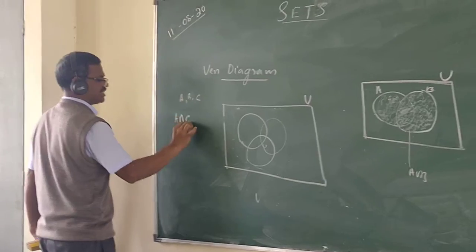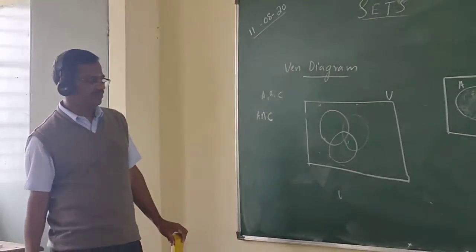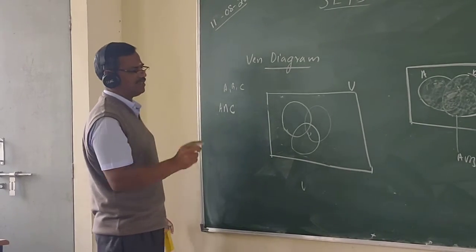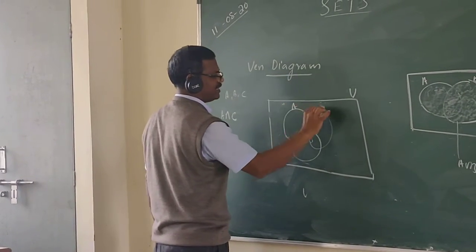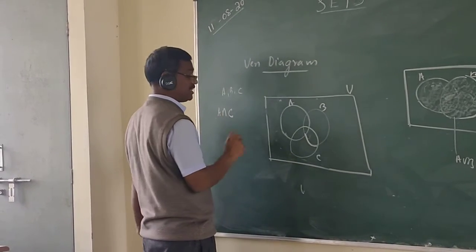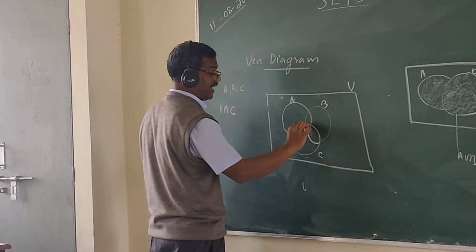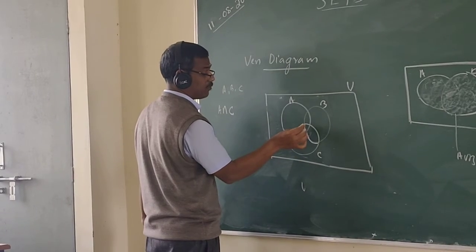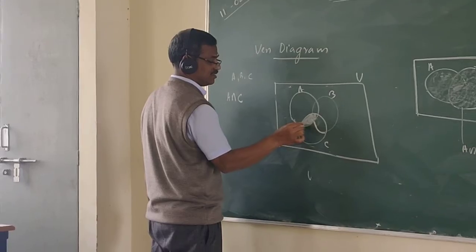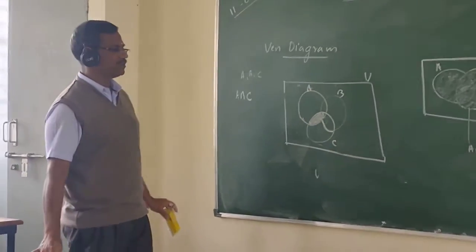Represent A intersection C by using a Venn diagram. This is A, this is B, and this is C. So represent A intersection C. That is the common portion for A and C. So you have to shade it. That is your answer. Very simple.